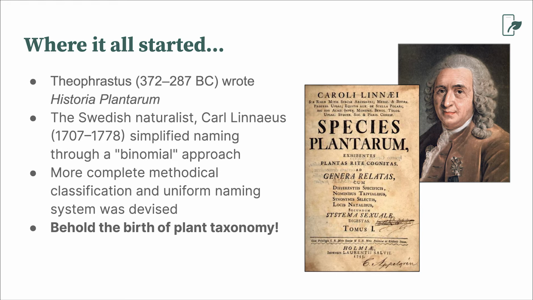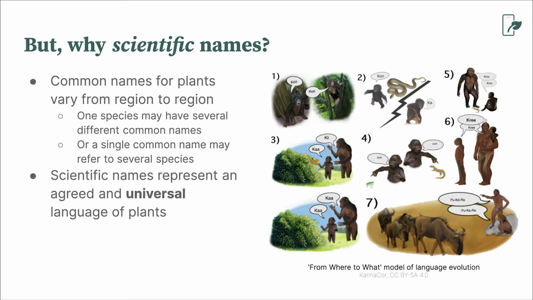When this work was published, Species Plantarum as it was known, it was the most methodical naming system that had been devised ever. And this was really the birth of plant taxonomy. So here he is, the man himself, who coined naming as it is today, not only for plants, but for all organisms on Earth. So really exciting times back then.